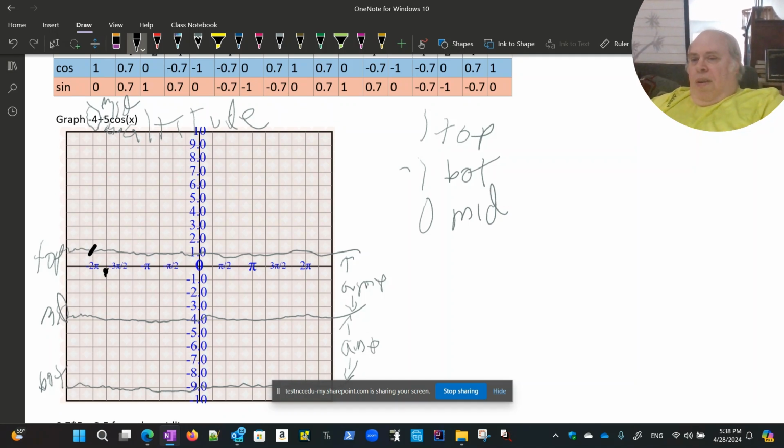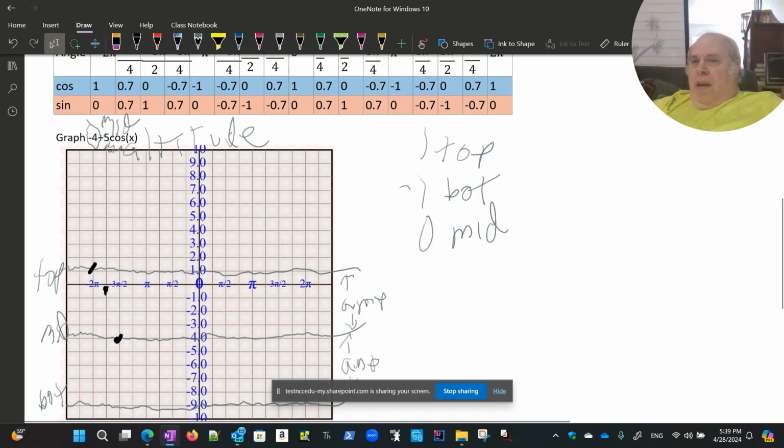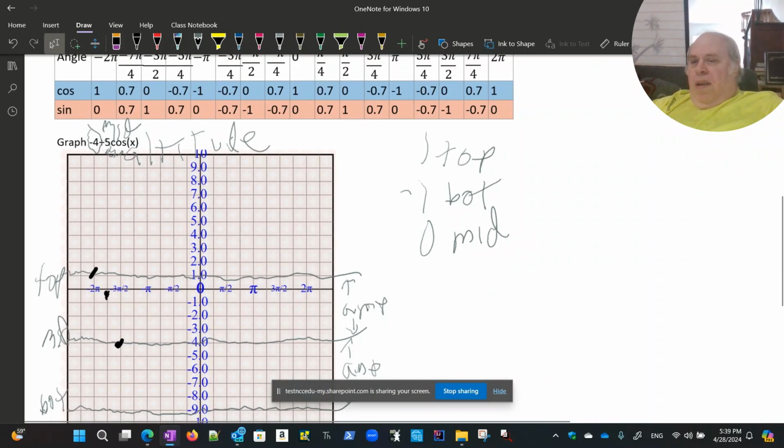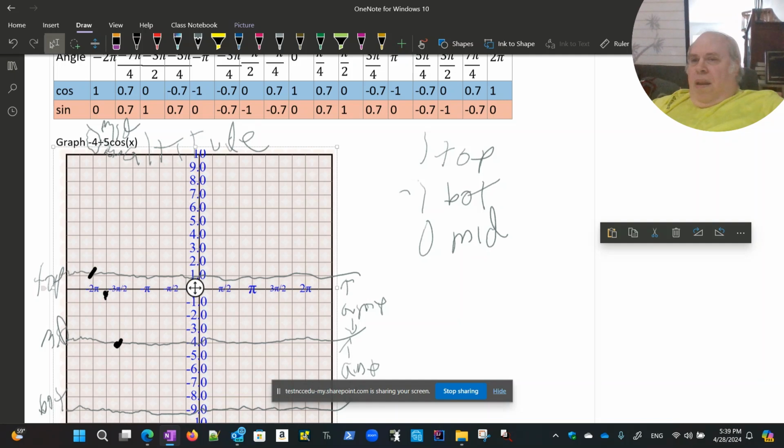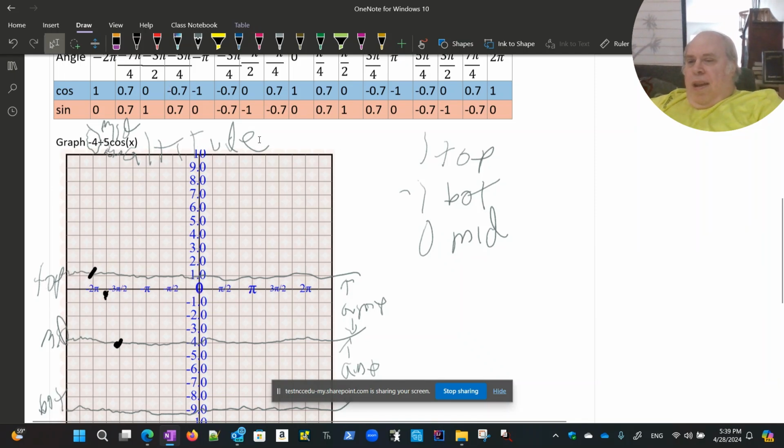Then 0 is the cosine curve right over here, so we're at 0 now, and I'm going to go right to the midline and put a dot there. This is at minus 3 pi over 2. Then at minus 5 pi over 4, I get a negative 0.7, so I'm going down 3.5, because it's 5 times 0.7, since the amplitude is 5, from the midline.